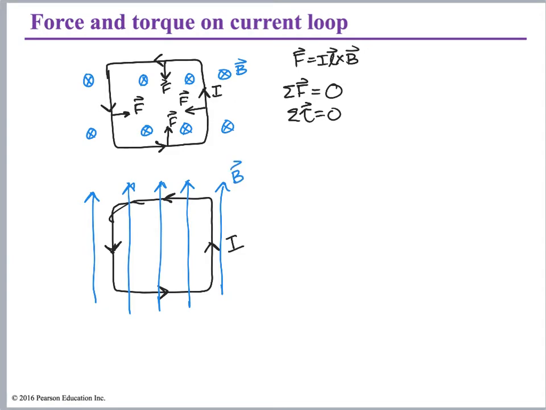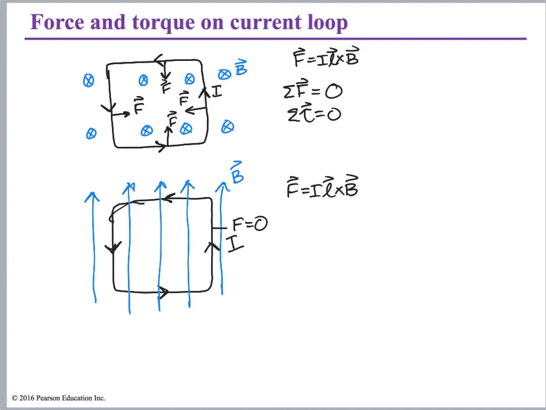So here the magnetic field is pointing up. And now I'm going to do my right-hand rule, F equals I L cross B, and I'll do it on all four sides. I'm going to start on the right-hand side. The current's traveling up and the magnetic field's traveling up, so they're parallel to each other. So on the right-hand side, there's no force.